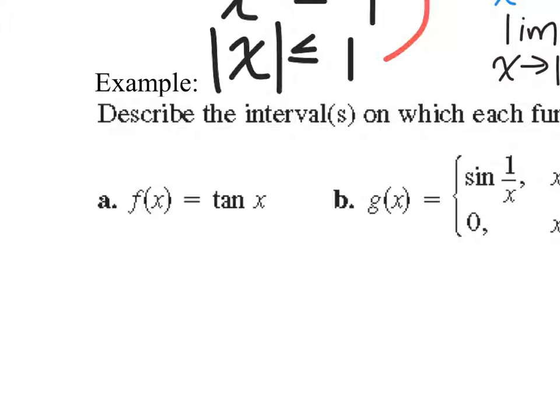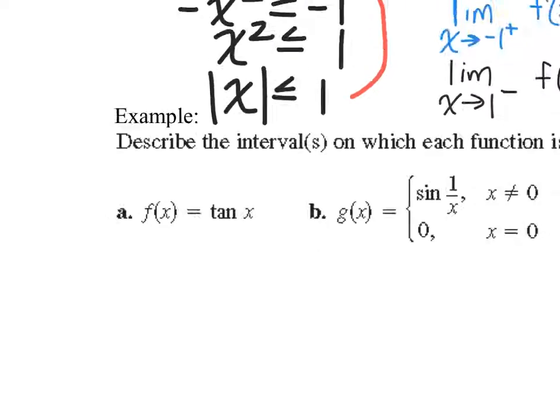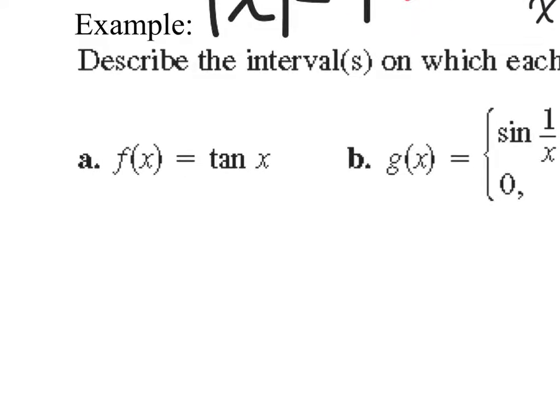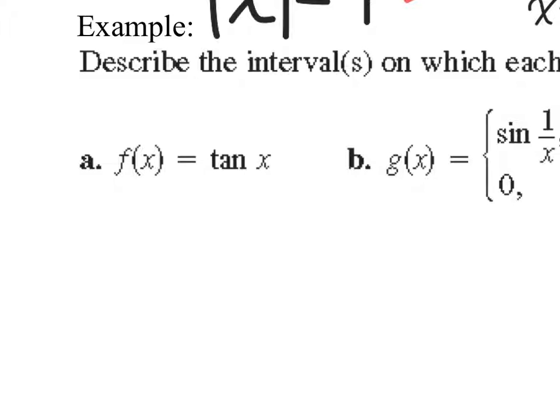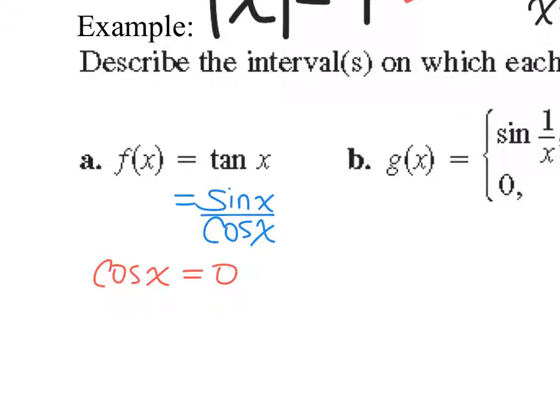All right, determine the intervals on which the function, probably should have read it before, is continuous. So let me rewrite the function as sine of x over cosine of x. All right, in which case, I would just want to know values of x that make cosine equal to 0. All right, that happens where?